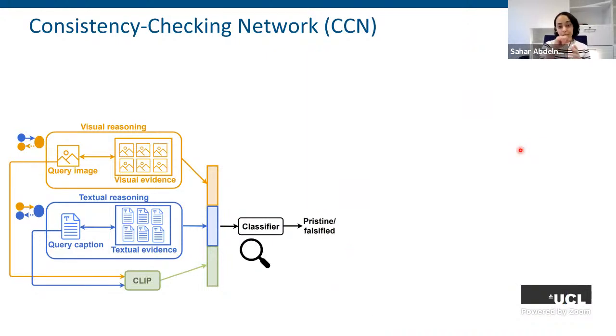And finally, we here aggregate or concatenate the output of each memory in the visual reasoning and textual reasoning and concatenate that with the CLIP output. And finally, the model is trained to classify whether the query image and the query caption, given the visual evidence and the textual evidence, are true or pristine or falsified.